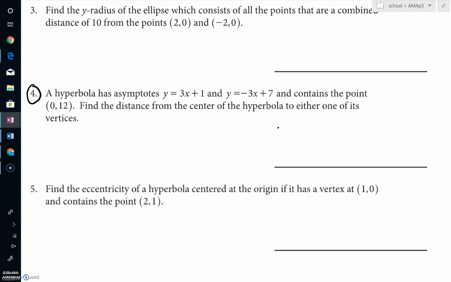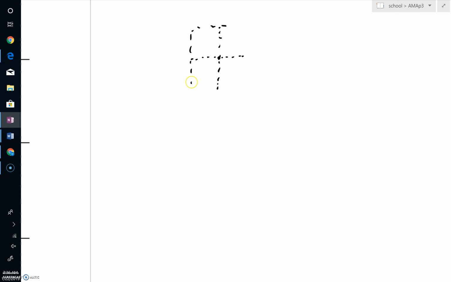Now, hyperbolas, I just want to go over here and have some review. You might remember that we could have a center, and a vertical distance and a horizontal distance from the center. And then the corners of the box make asymptotes.